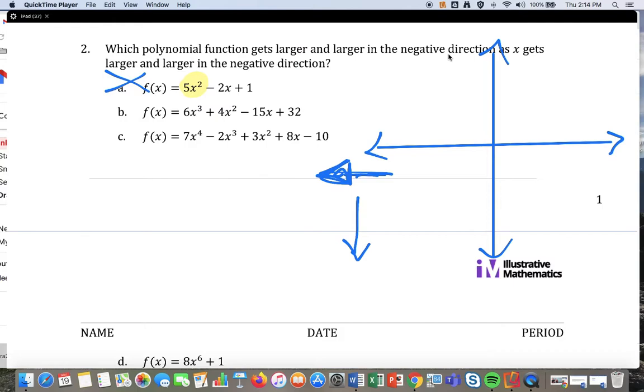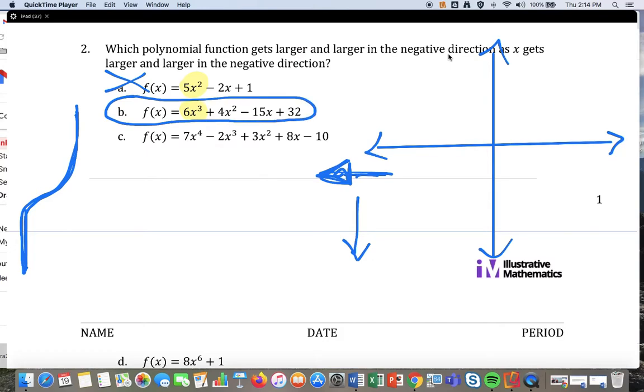Letter B, we have an odd degree for our leading term, and we have a positive coefficient on that, which does mean that it'll have this shape. If it's cubic, it'll start down, make that little snake or S shape, and then go up as x gets positive. So this one would work.